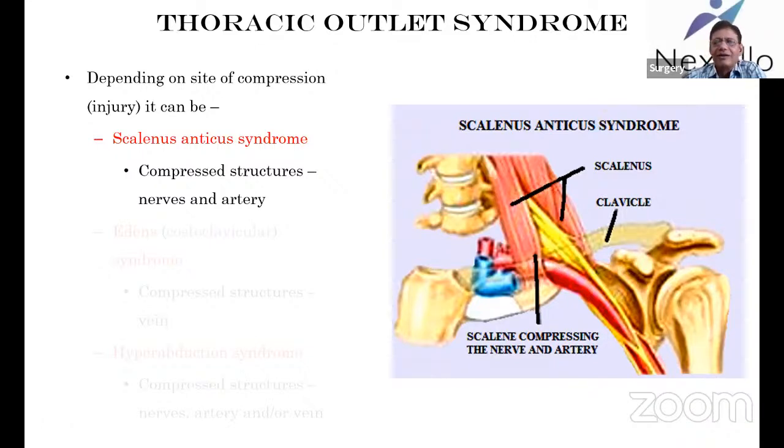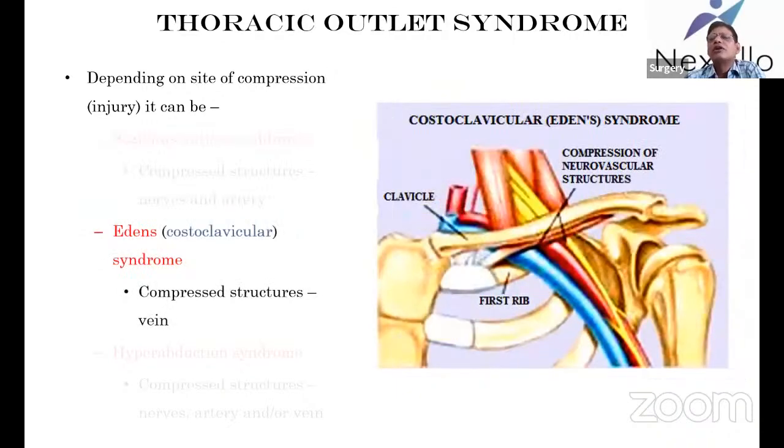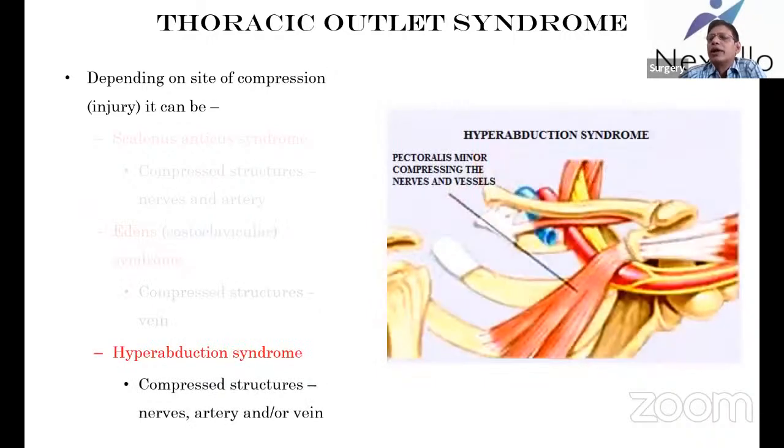The second variant of this syndrome is known as Eden's syndrome or the costoclavicular syndrome. This is the compression in the costoclavicular area, the compression of the vein which passes through this area. And ultimately, the third variant is the compression over here in the pectoralis minor space.